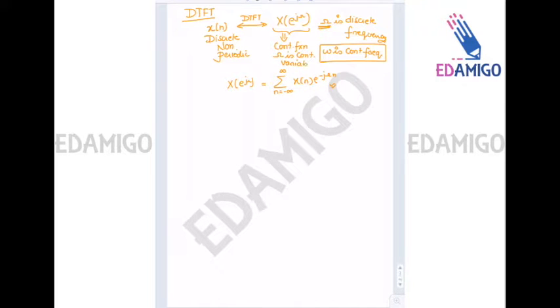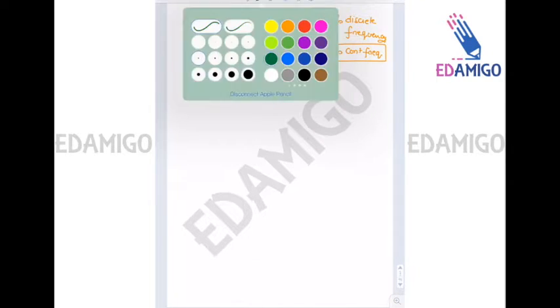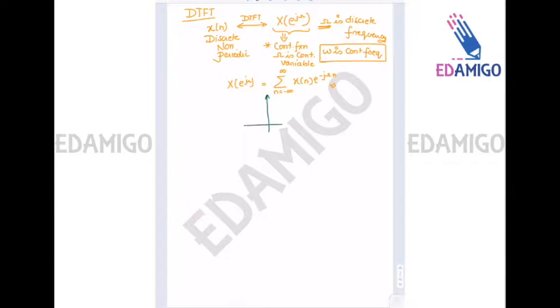Also, the discrete frequency axis is periodic with period 2π.